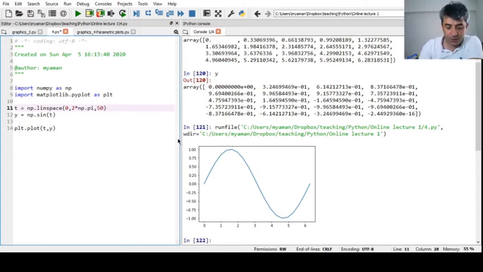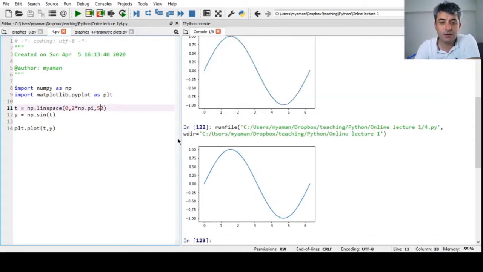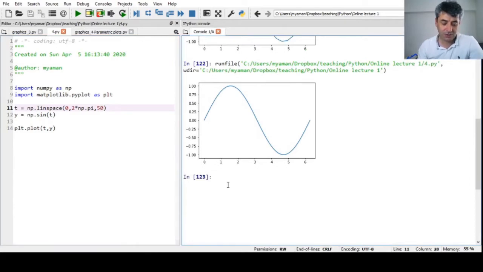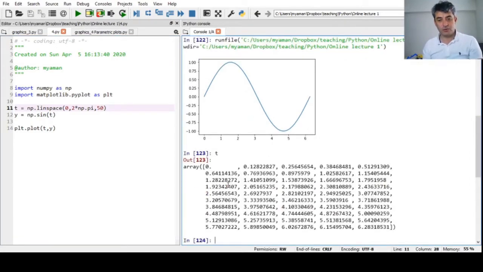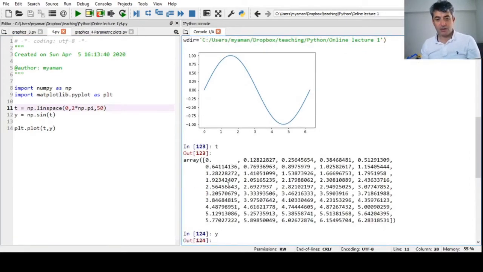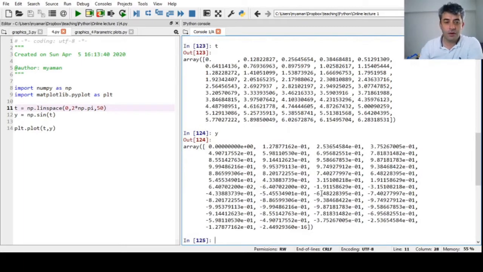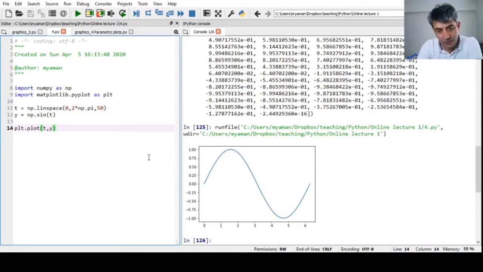So run it. Now we have a better, nice, smooth sine curve. These are the corresponding t values, this time 50, and their sine values. Okay, so let's look at the graph once more.